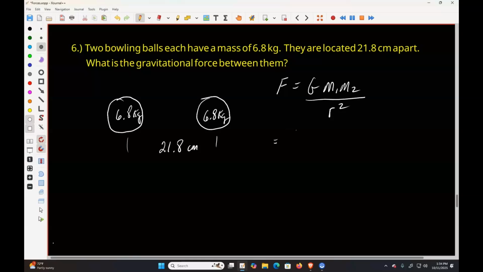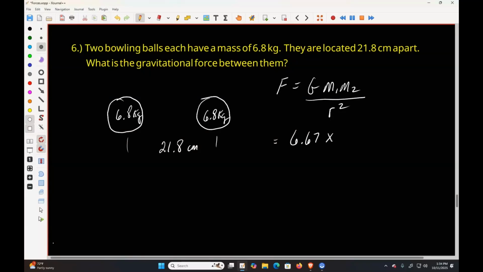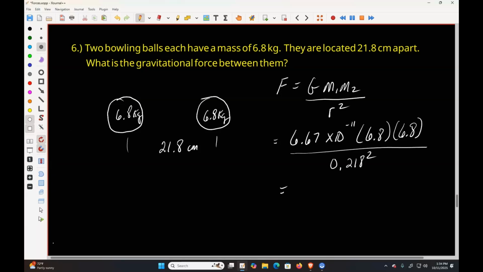So this would be 6.67 times 10 to the negative 11 times 6.8 times 6.8, or you can say 6.8 squared, divided by the distance between them squared. This has to be in meters, so it's going to be 0.218 squared. I'll say that the gravitational force between those two objects is 6.5 times 10 to the negative 8 newtons.